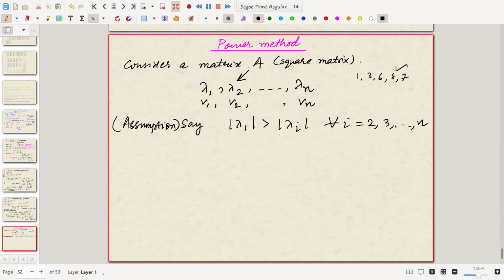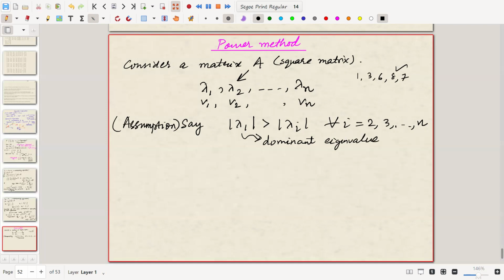Arrange in such a way that this is fulfilled. Lambda 1 mod is greater than all eigenvalues mod, right? Good. So this is known as the dominant eigenvalue.